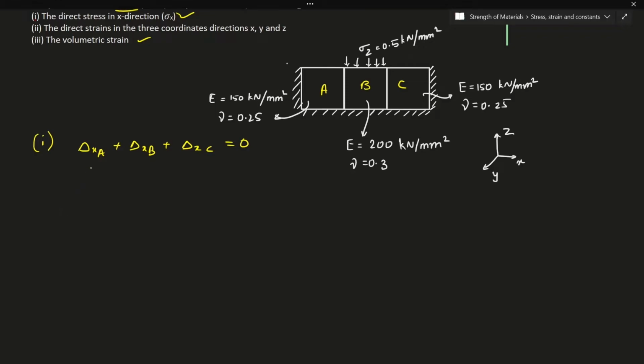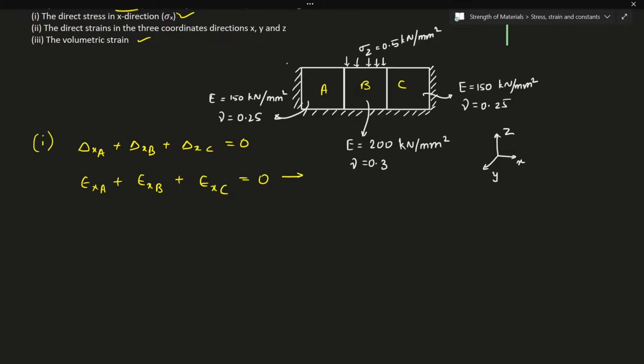Now I'll divide the entire equation by L, and delta by L is nothing but the strain. So the strain in x direction for A, plus strain in x direction for B, plus strain in x direction for C in total is going to be 0.